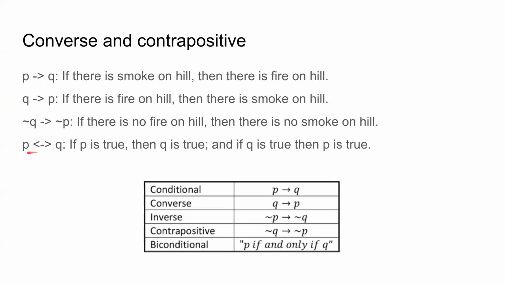Then we have this thing. This is bidirectional implication. It means whenever P is true, then Q is true, and whenever Q is true, then P has to be true. Example of this we can think of later on, but this thing is only one directional.